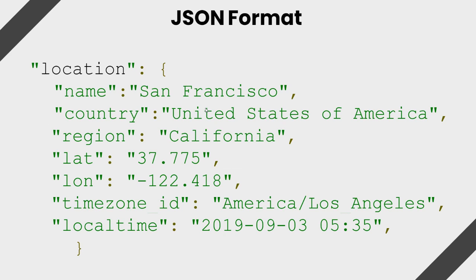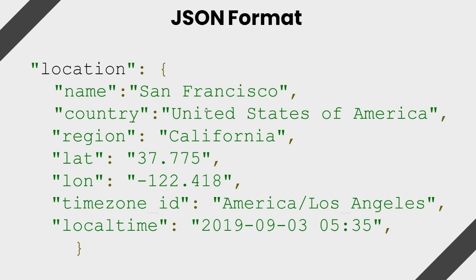So here we have an example of what a JSON format looks like. You can see that it has an object data type, and the object here has location. Location is the name of this object, and it holds the value of the rest of the objects we have here.